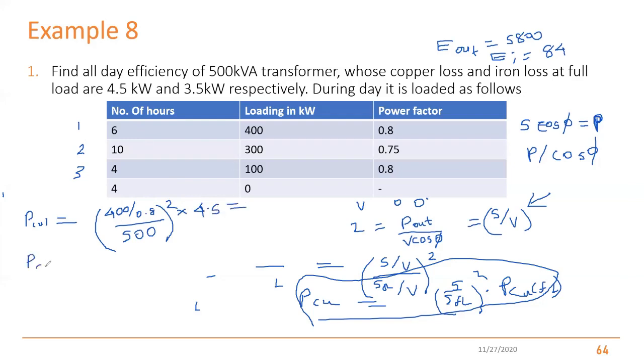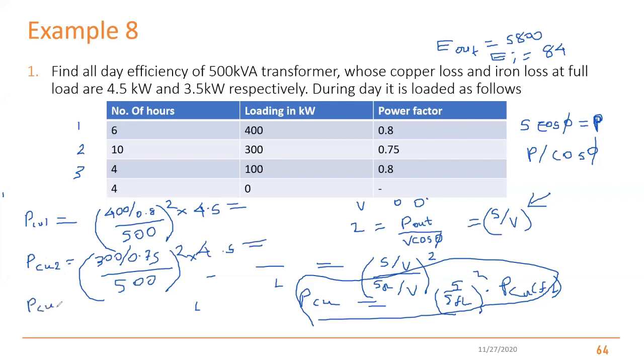P copper 2, that is 300 divided by 0.75, over 500, again squared, into 4.5.